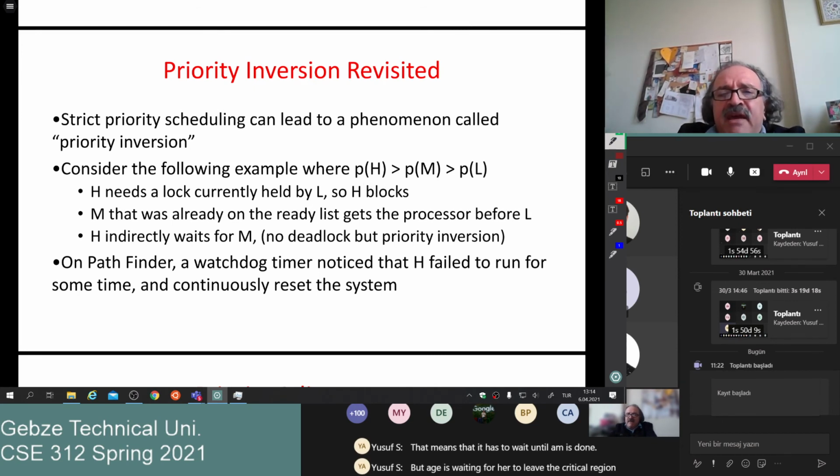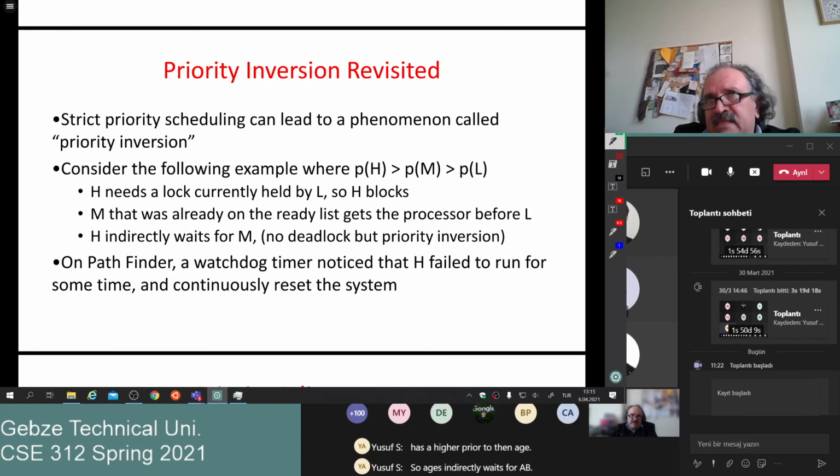So in effect, H is waiting for M to finish. So that's called the inversion of priorities. In this case, M is behaving like it has a higher priority than H. So H indirectly waits for M.